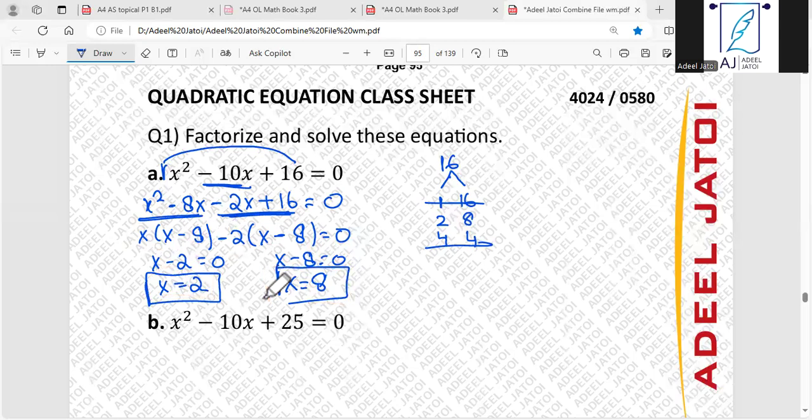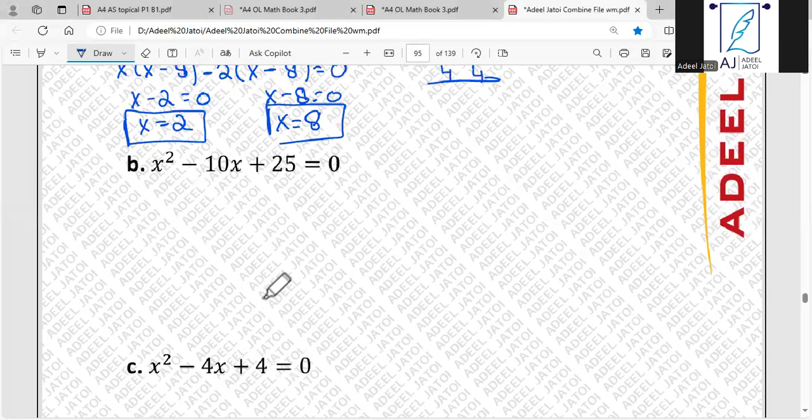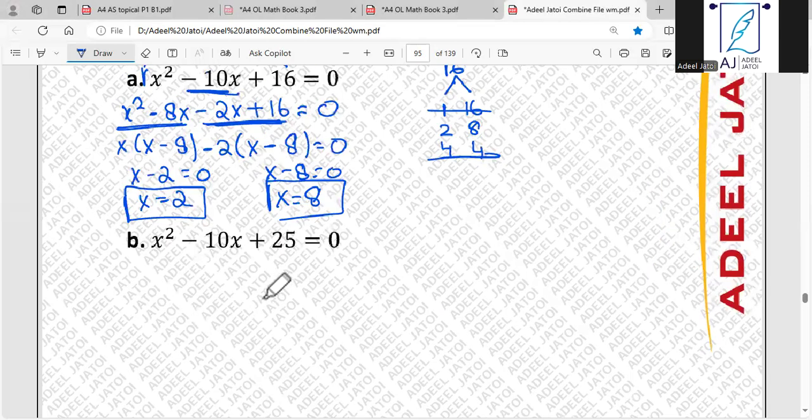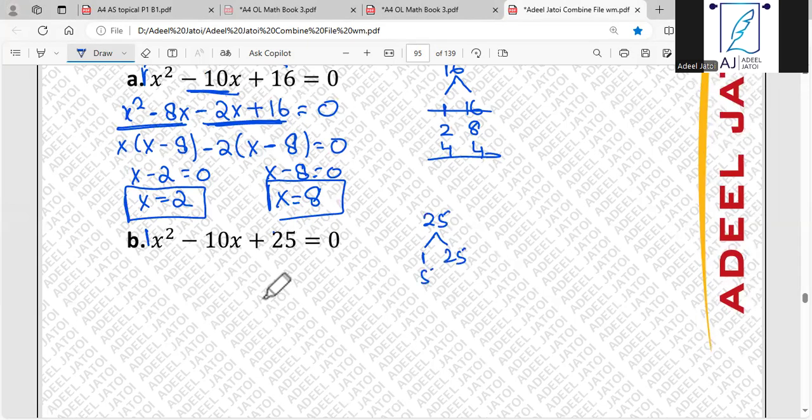Similarly, in part 2, what we have is 1 and this is 25. So factors of 25 are 1 and 25, and 5 and 5. So we need 10. 1 and 25 will not be considered. So we are left with 5 and 5.